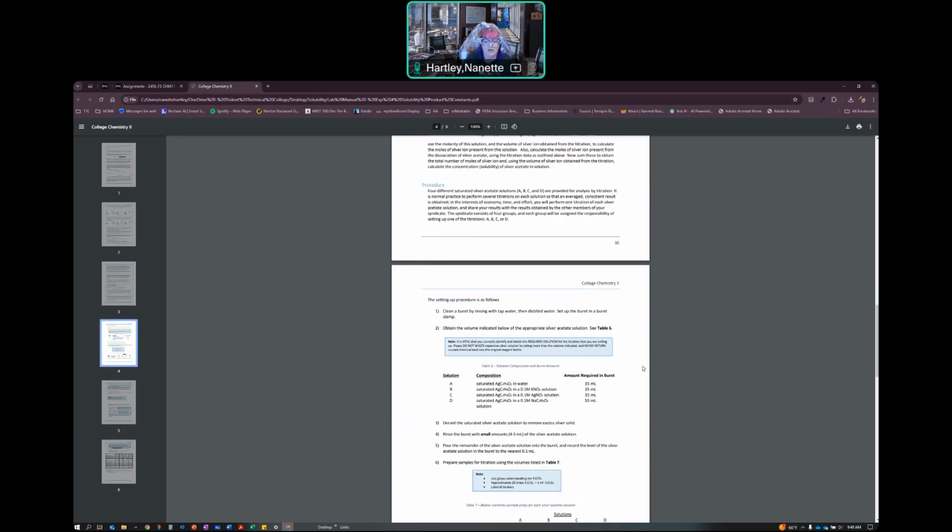So we're looking at it from just silver acetate and water, from silver acetate in the presence of KNO3, in the presence of AgNO3, and in the presence of sodium acetate. Okay, so we have all of those things in combination, looking to see what effect those common ions have on that solubility constant.